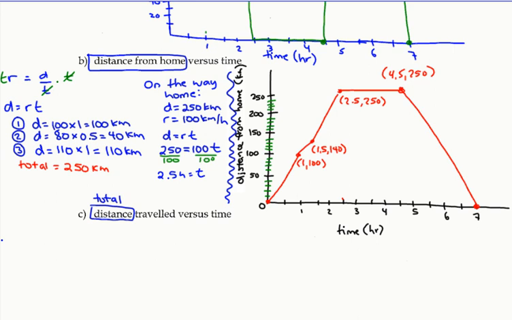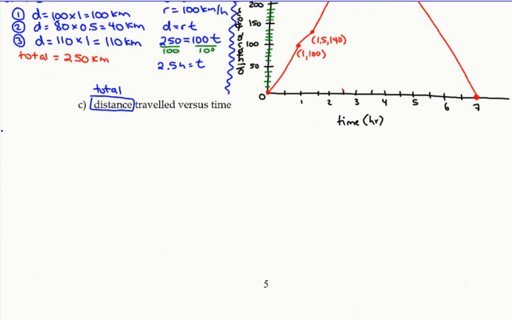If she returned 250 kilometers home, our total distance traveled would be 500 kilometers. So the next graph is not relative to home. It's just total distance. So we can do this one pretty quickly. We're going to do a rough sketch. Our time is still the 7 hours.